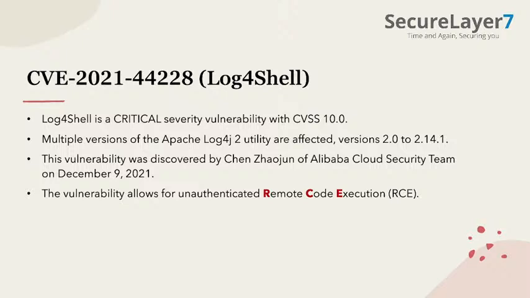CVSS stands for Common Vulnerability Scoring System, and 10 is the highest possible score. So it is the worst scenario for the project owner or the target application using Log4j, and a very good scenario for hackers to exploit.